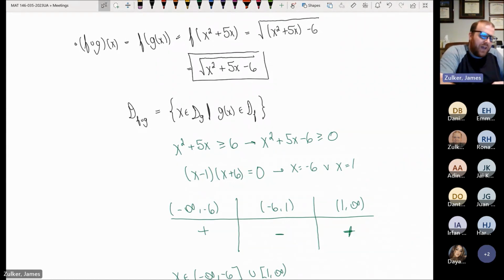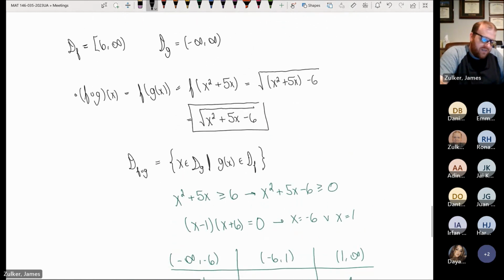Right? So negative 5, if you plug into g, would be what? 25 minus 25, which is 0, isn't it? 0 is not in the domain of f.